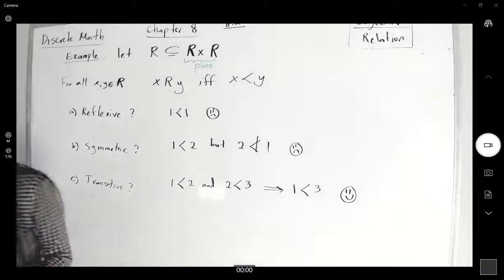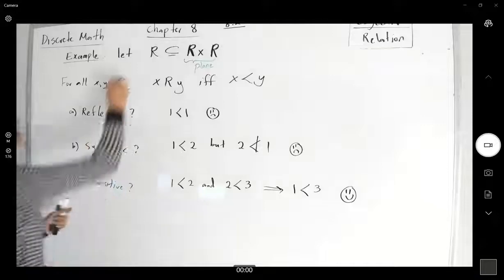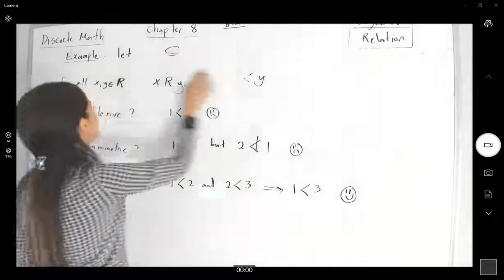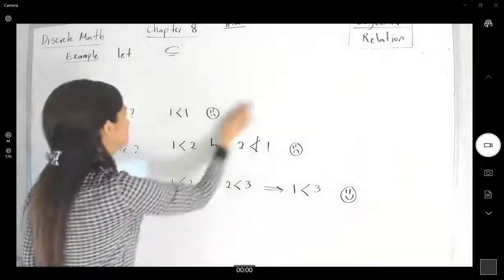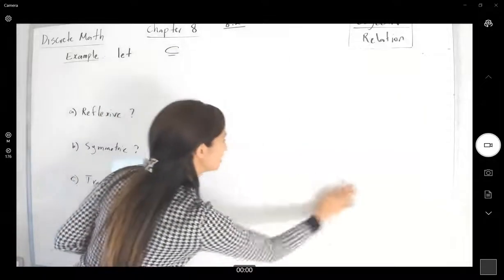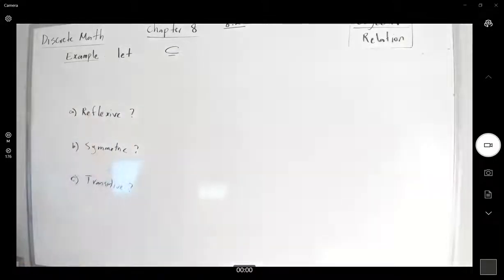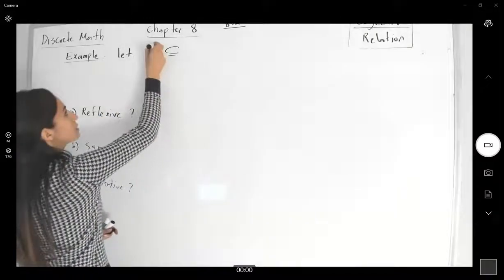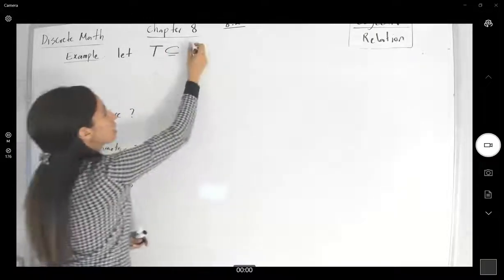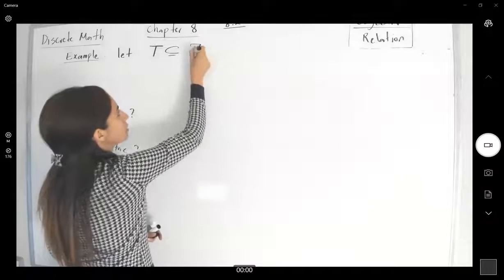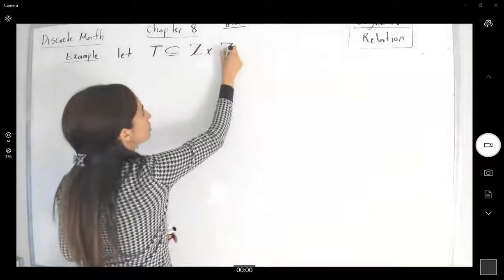We're going to define a new relation on Z. So define T to be a relation on Z, and we define it this way.